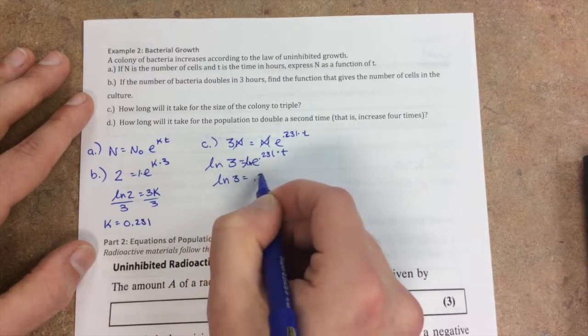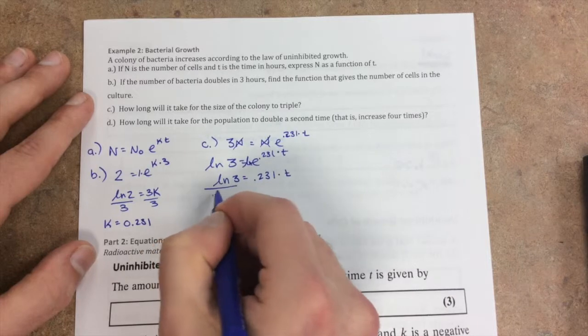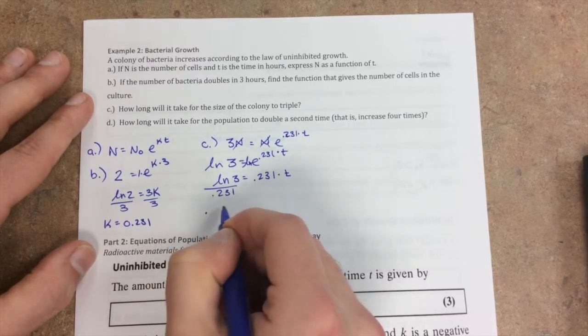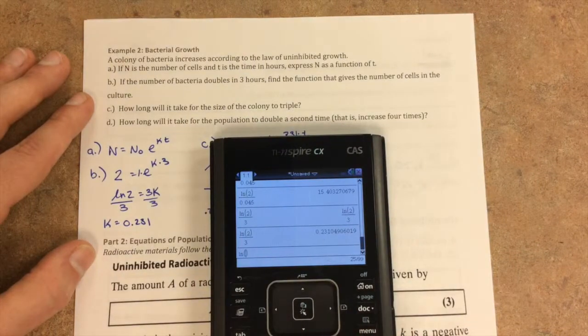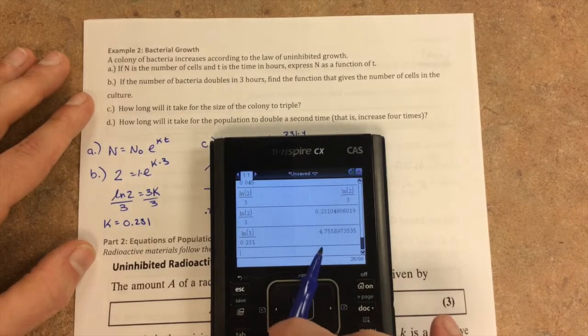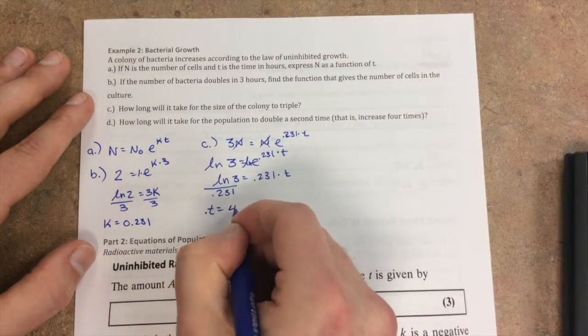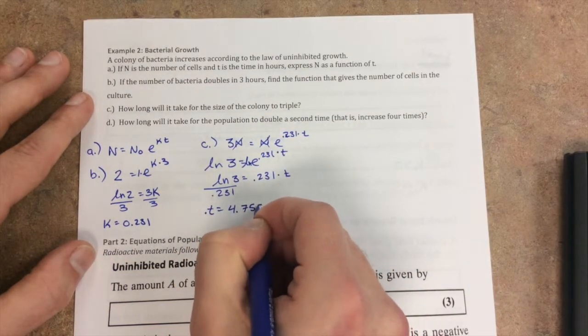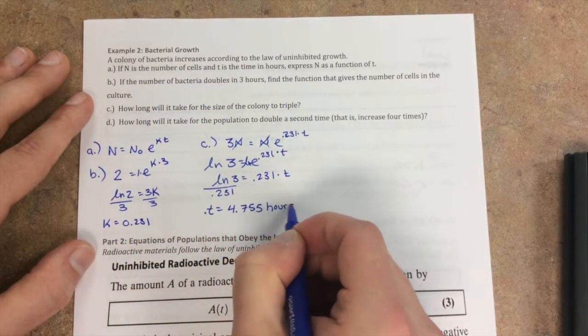Hopefully this is becoming transparent to you guys now. Divide by 0.231. So t equals ln of 3 divided by what we got before, 0.231. So we got 4.755. And then our time is in hours.